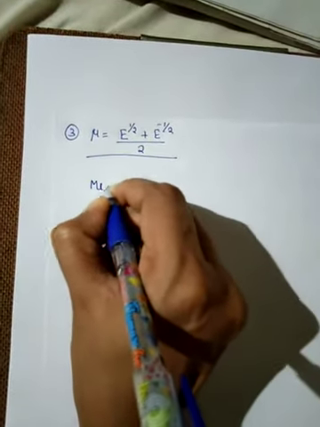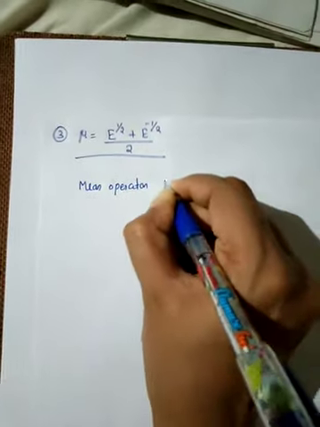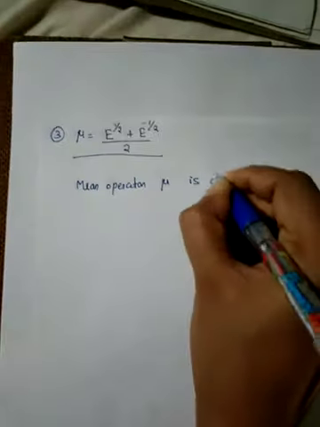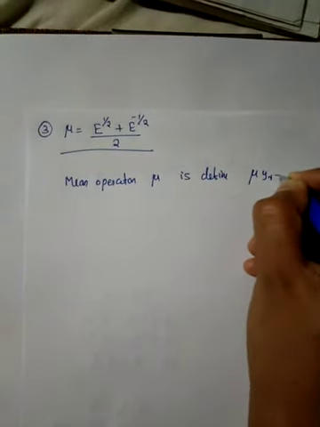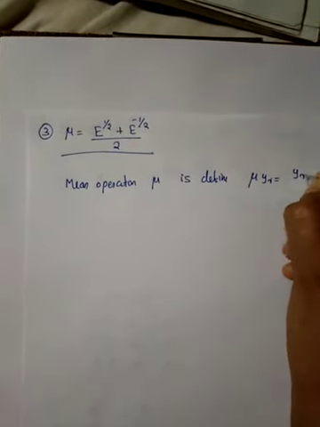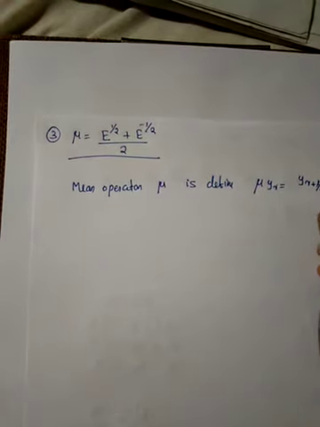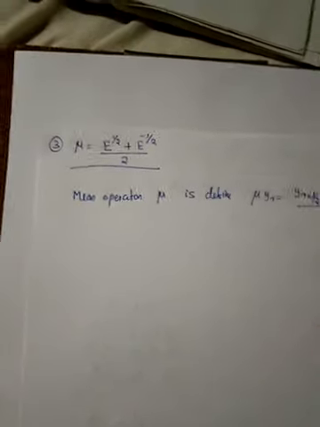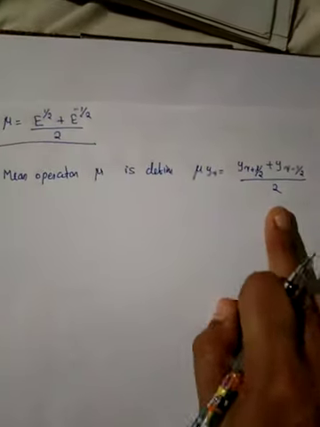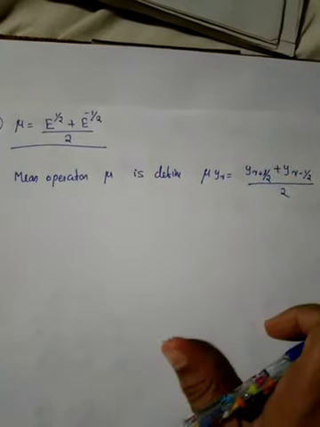That is, the mean operator μ is defined as μyr equal to yr plus 1 by 2 plus yr minus 1 by 2, divided by 2.